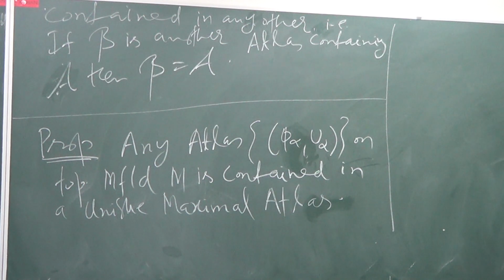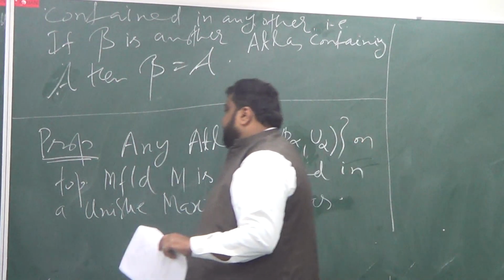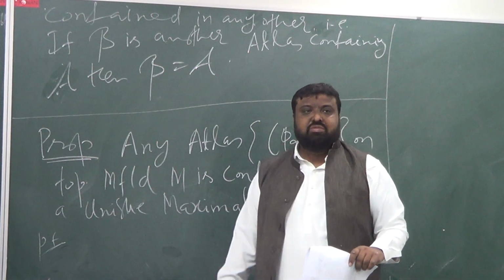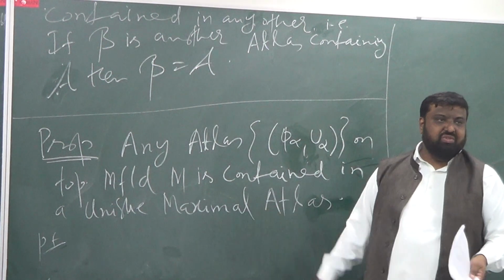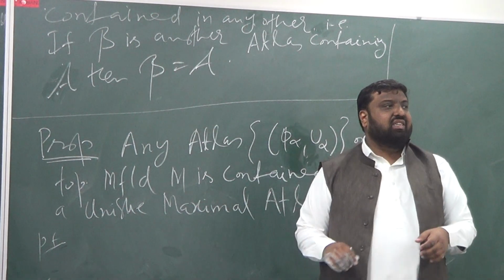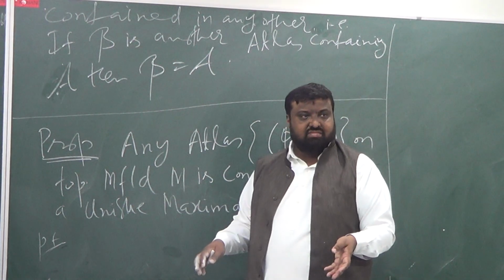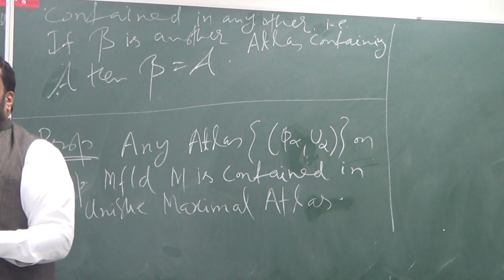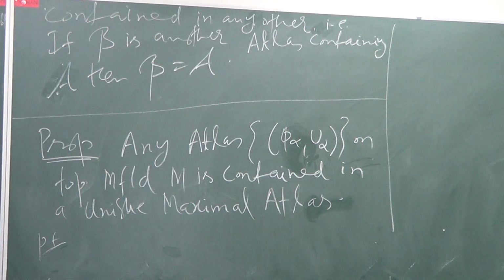Why would this be the case? I'm not proving it, I'm just giving you a hint, because from the previous lemma you can deduce this. Imagine you have a C infinity atlas. It's not necessarily maximal. But you found two other charts which are compatible with the C infinity atlas. Then they are also C infinity compatible.